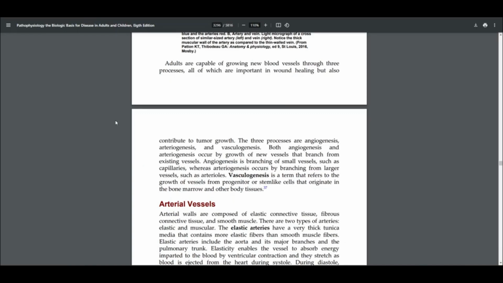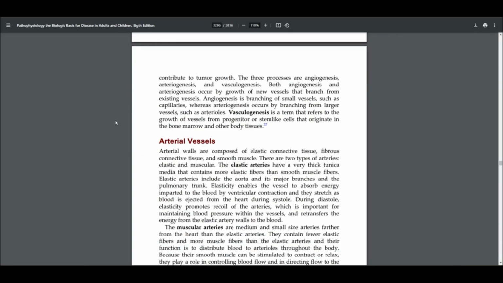Both angiogenesis and arteriogenesis occur by growth of new vessels that branch from existing vessels. Angiogenesis is branching of small vessels, such as capillaries, whereas arteriogenesis occurs by branching from larger vessels, such as arterioles. Vasculogenesis is a term that refers to the growth of vessels from progenitor or stem-like cells that originate in the bone marrow and other body tissues.